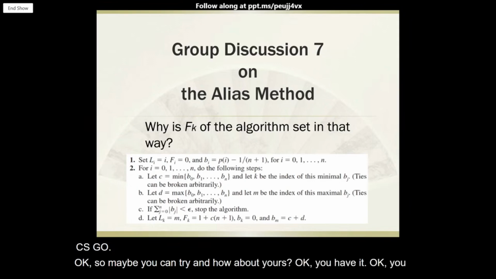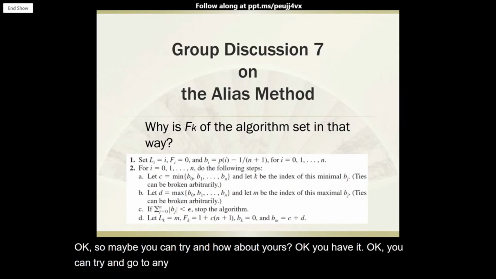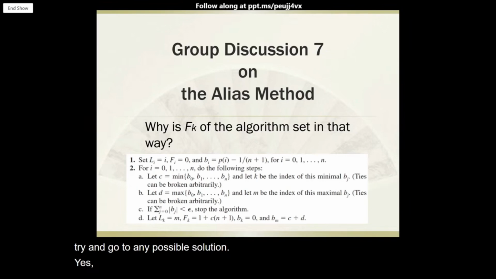And good 2, any possible solution? Yes or no? Yes. Let me have a look at that. We're trying to understand it. Okay, you can try. And group 3? Any possible solution? Okay, let me look at that.